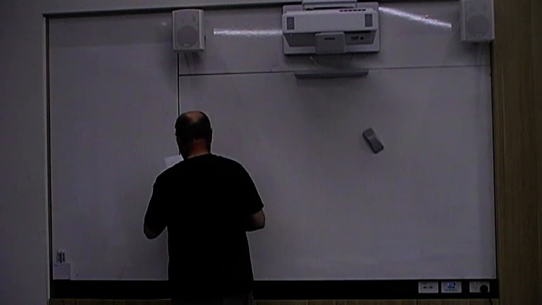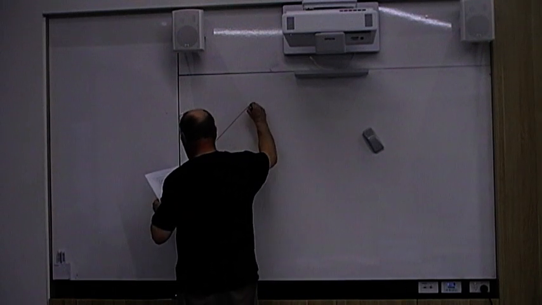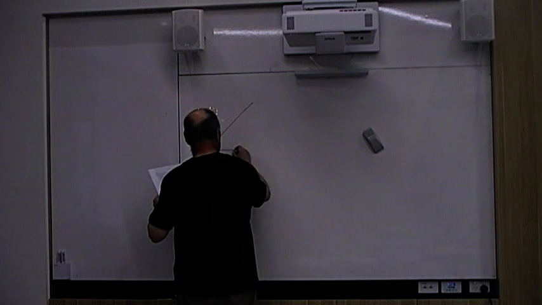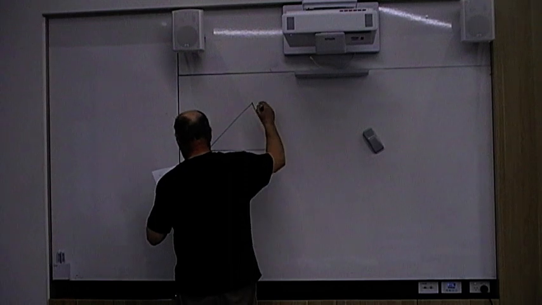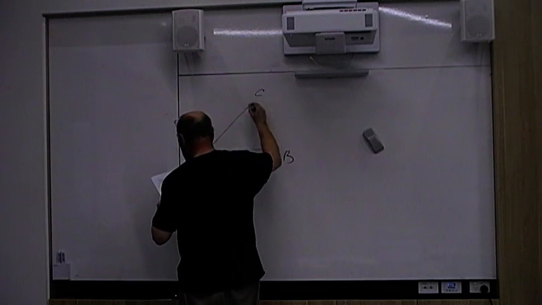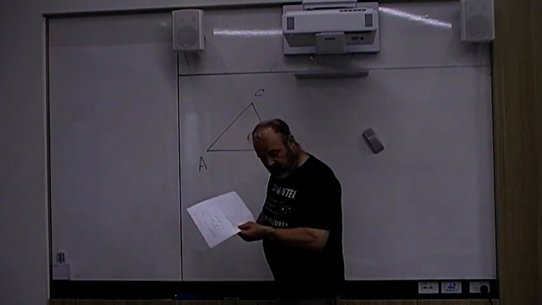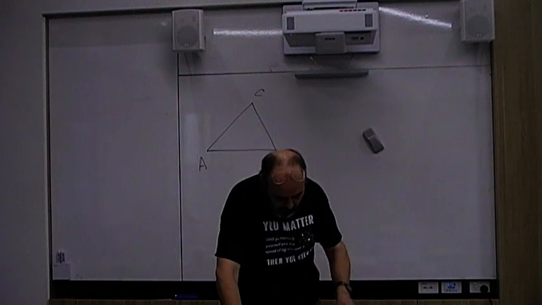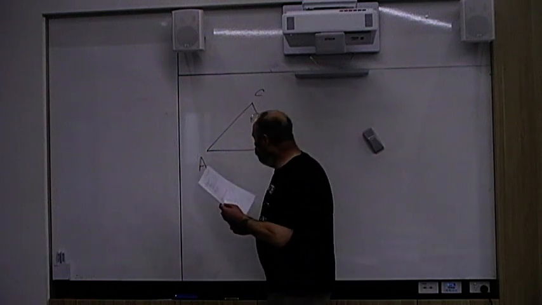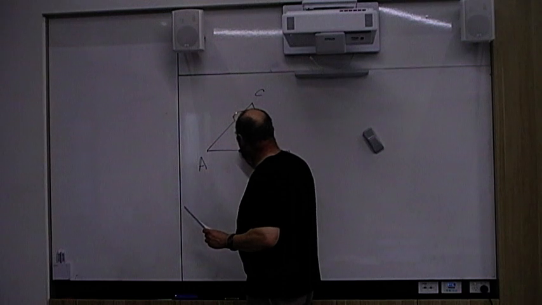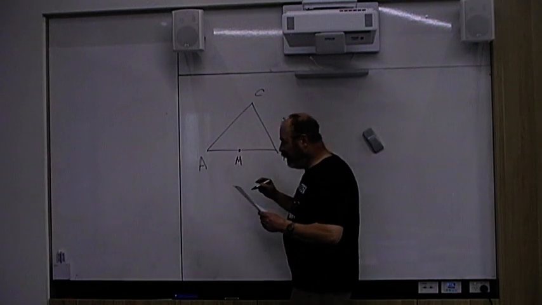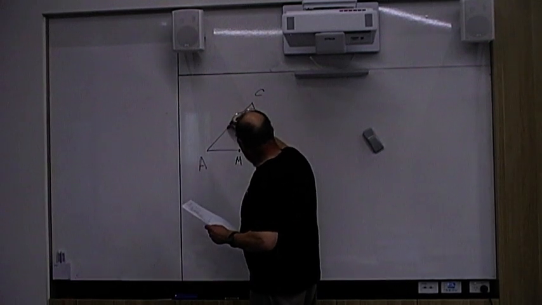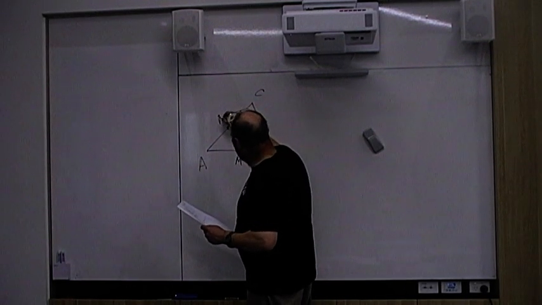We have triangle ABC, and point M is the midpoint of AB, and N is the midpoint of AC.